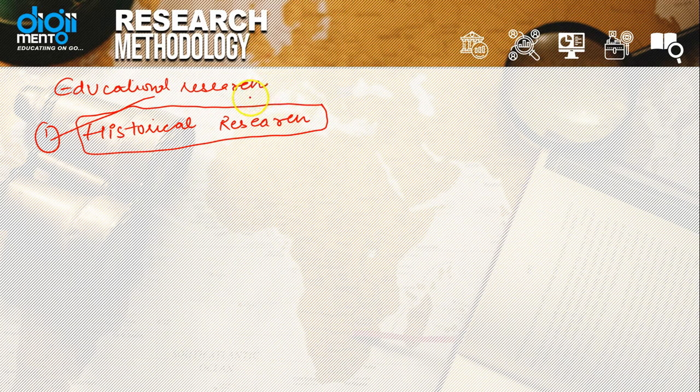Historical research, as the name suggests, talks about past events. In this historical research, we need investigation, recording, analyzing of data, and interpreting the results of the past for the purpose of research, or you can say discovery.